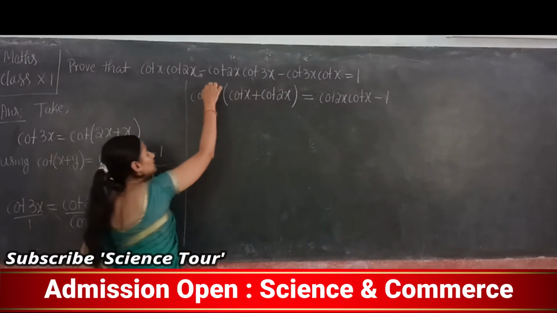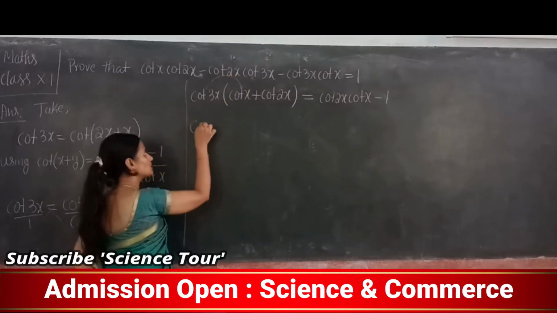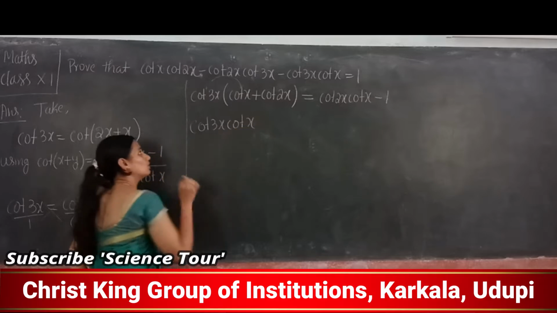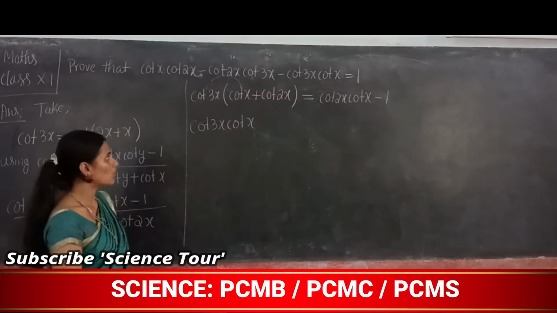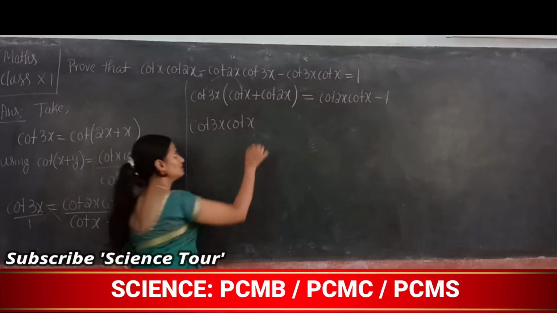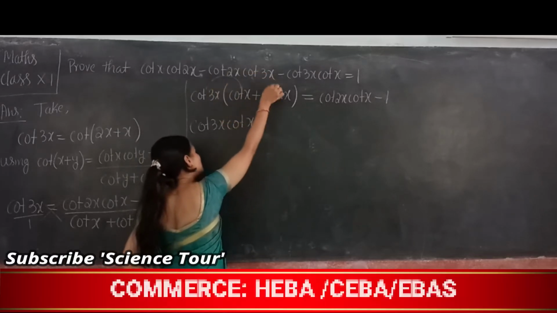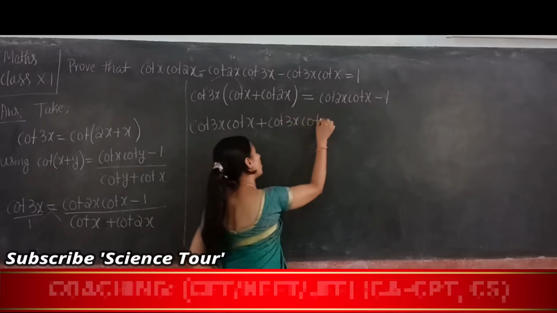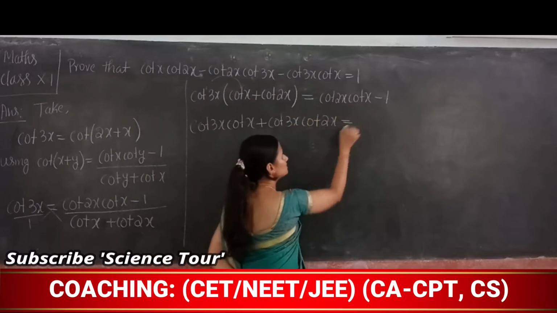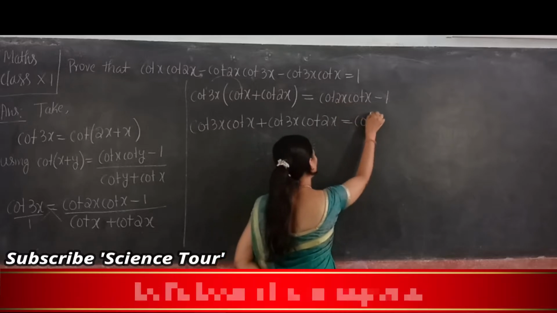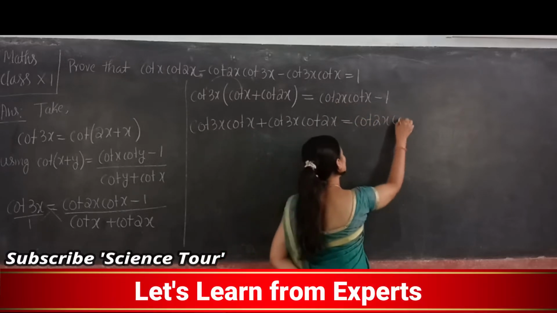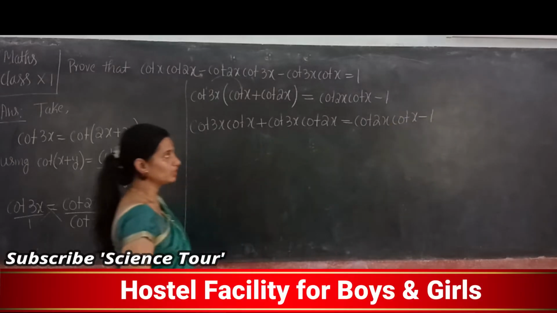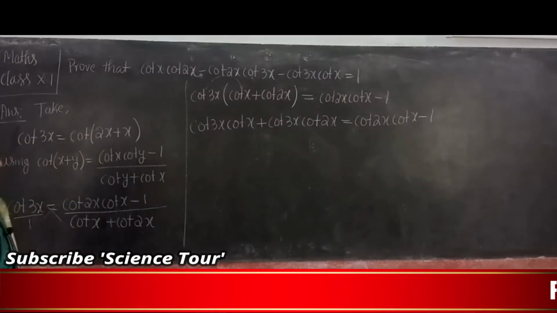Cot 3x into cot x is cot 3x cot x, plus cot 3x into cot 2x, which is equal to cot 2x into cot x minus 1.